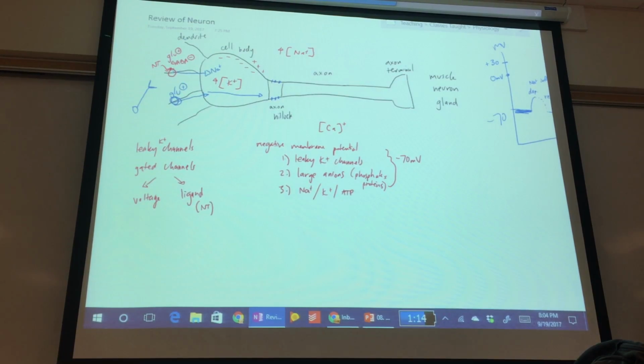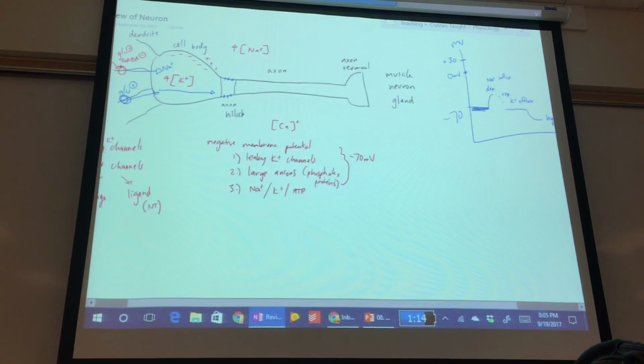Now that you know sodium coming in would depolarize, let's take a look at something that's inhibitory, like GABA. Let's say this neuron releases GABA. It's an inhibitory neuron. It shoots out an inhibitory neurotransmitter. Knowing that it's an inhibitory neurotransmitter, what type of ion would it be?